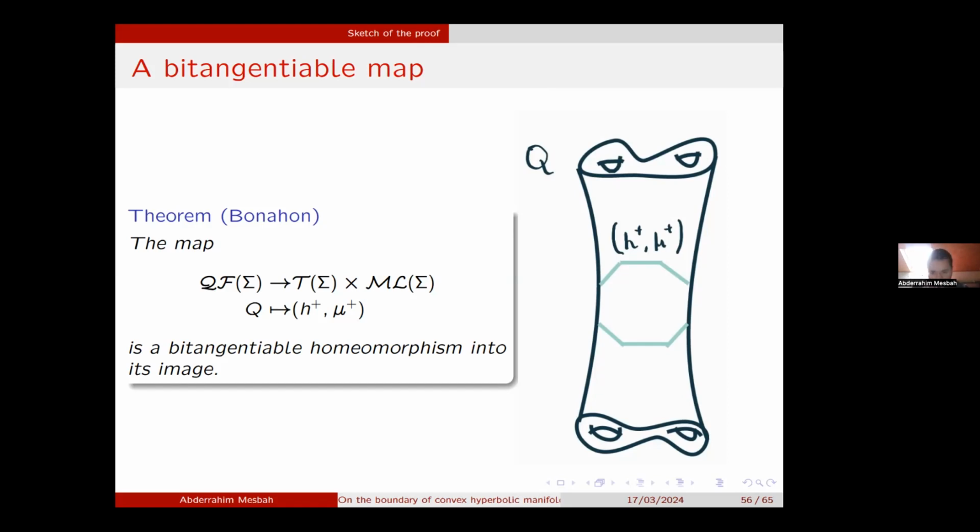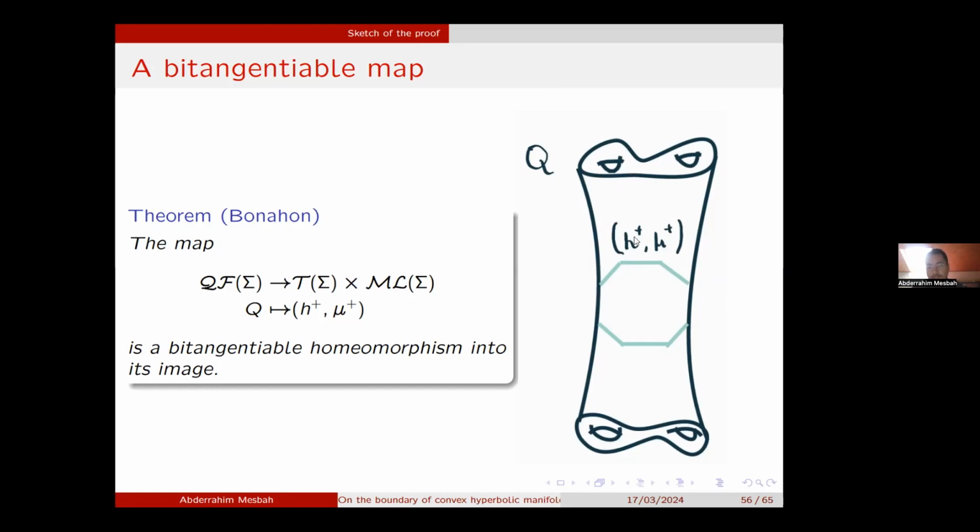So here we are stating a theorem by Bonahon. Bonahon says that if you take the correspondence that associates to a quasi-Fuchsian manifold the hyperbolic metric and the measured lamination on the same side, this is not to be confused with the other statement when we take h on one side and mu on the other side.